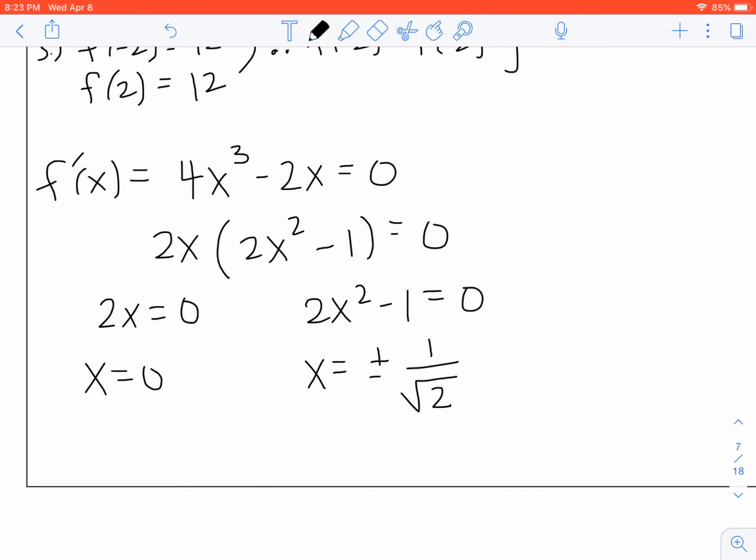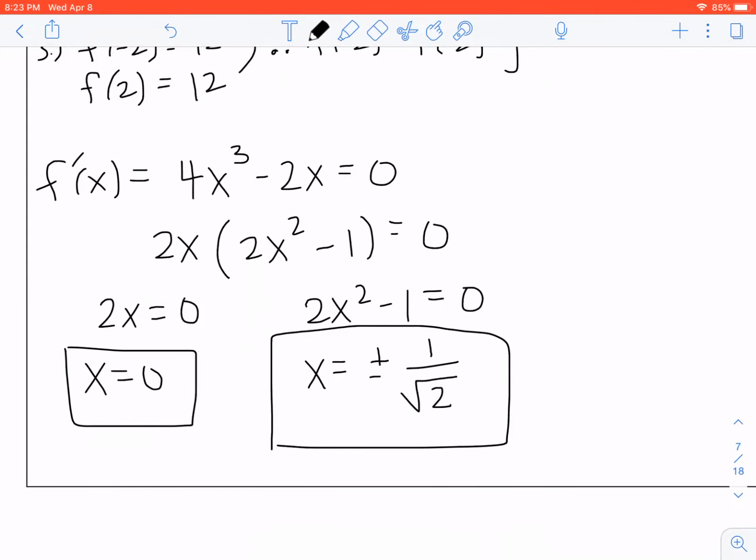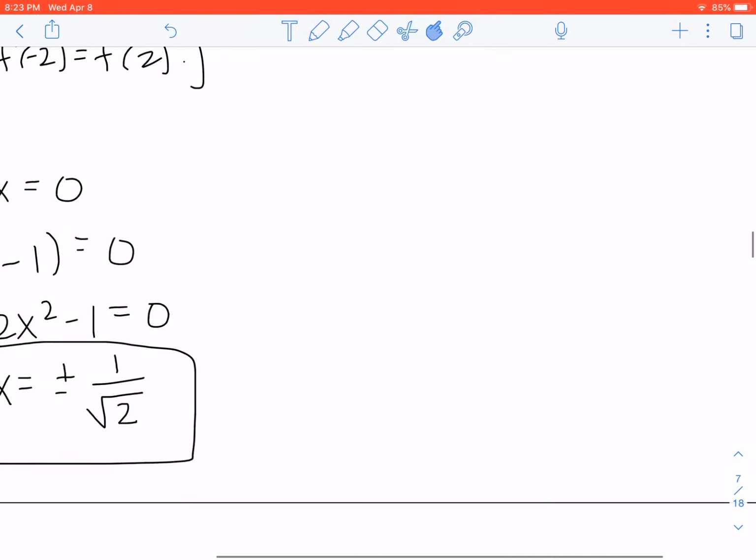So checking to make sure that plus and minus 1 over the square root of 2 are inside the interval from -2 to 2, which they are, then we know that these two values are going to satisfy the conclusion of Rolle's theorem. And likewise, 0 is also in the interval from -2 to 2. So that's also going to satisfy the conclusion of Rolle's theorem.